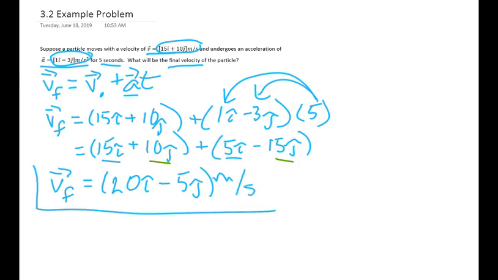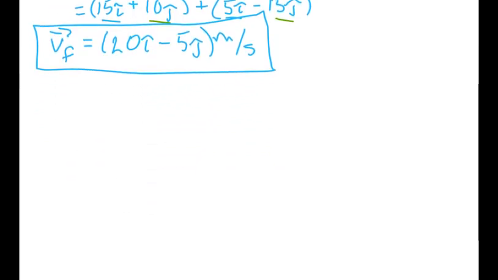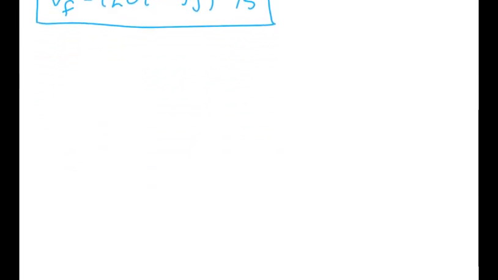And so that's how I can go about solving it using unit vector notation. So really simple, actually. But if you are someone who likes to use the X and Y components, let's also take a look at how we do it that way.